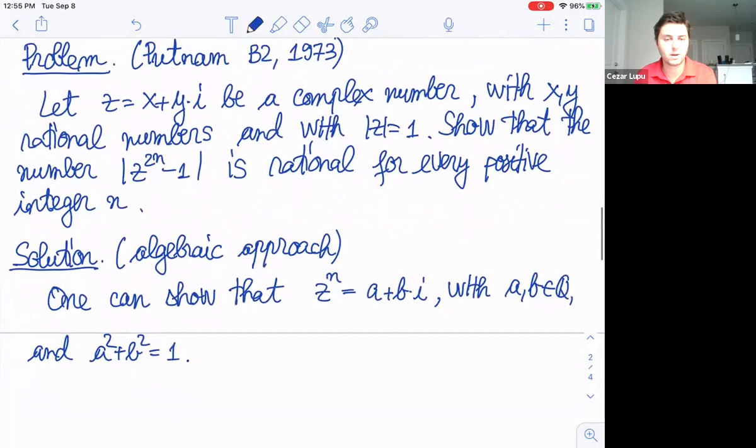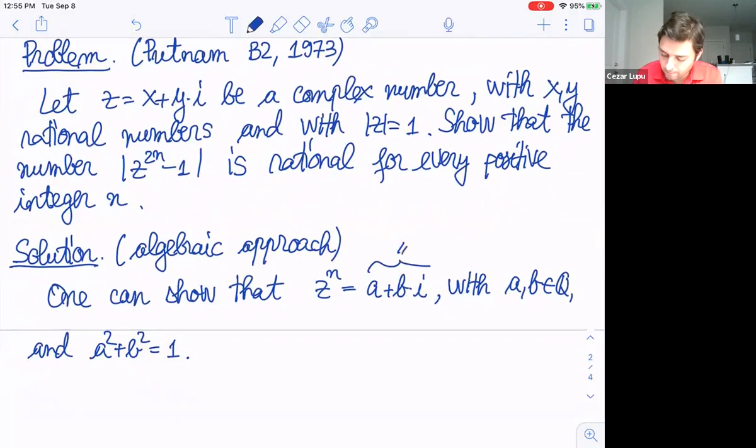So one can show this, right? It's an induction. We can even denote this by w if you want. Anyway, it will be easier for you to see it when we write this complex number in Euler's form, as an exponential, but anyway, let's stick to this.